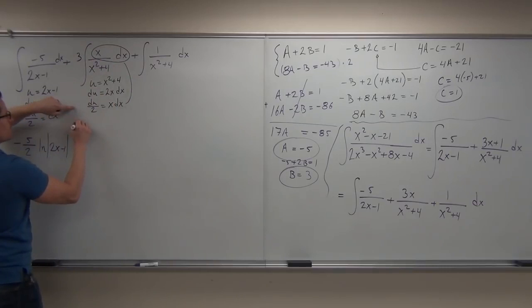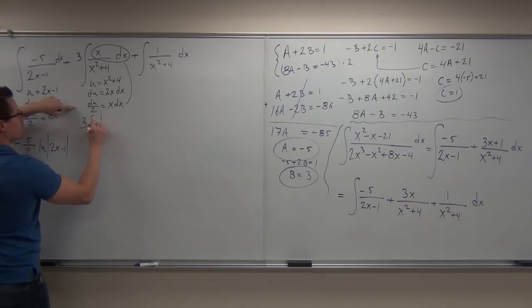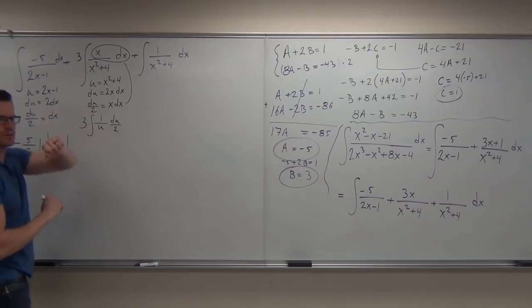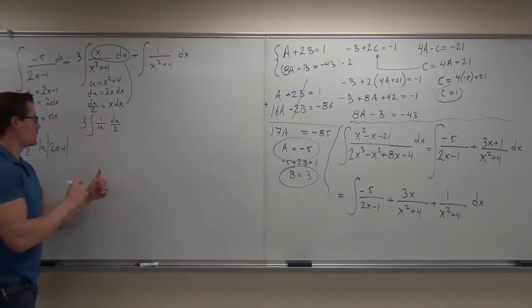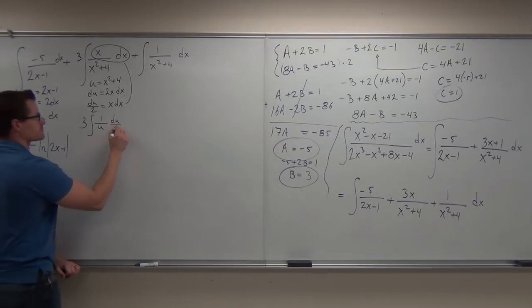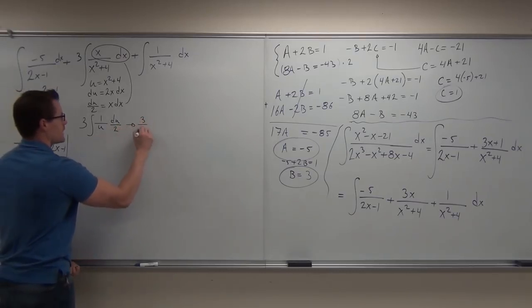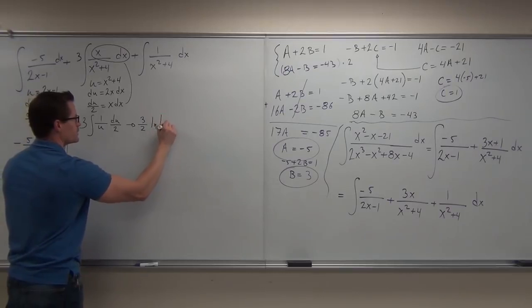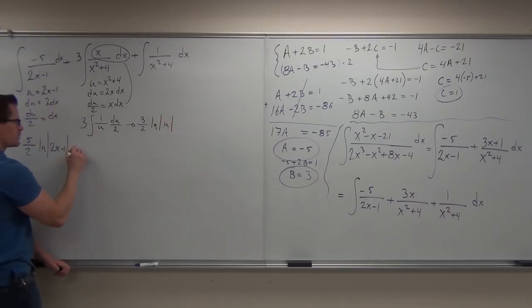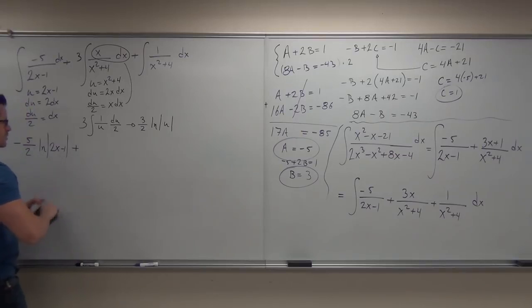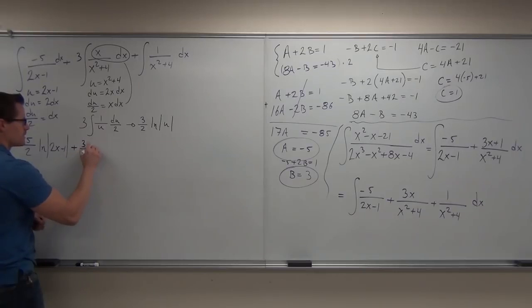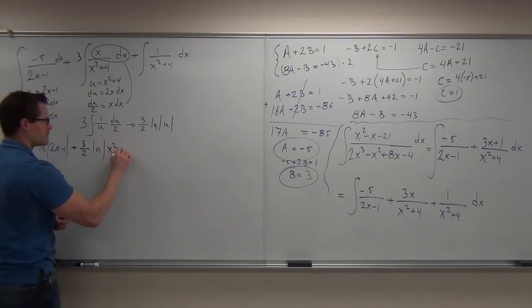That means that we have the integral of 3 over u, du over 2. Are we okay with that one? Okay, well that means that we're going to have 3/2 ln absolute value of u. So this will be plus 3/2 ln absolute value of x squared plus 4.